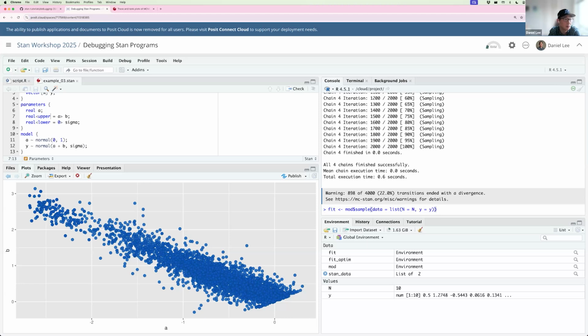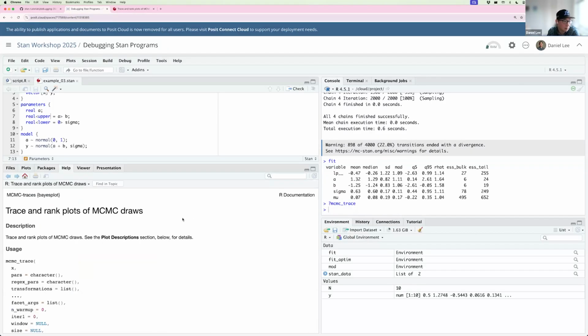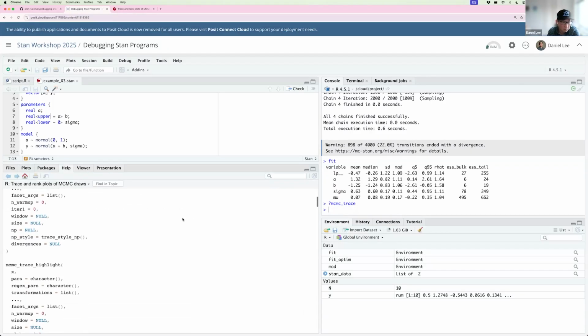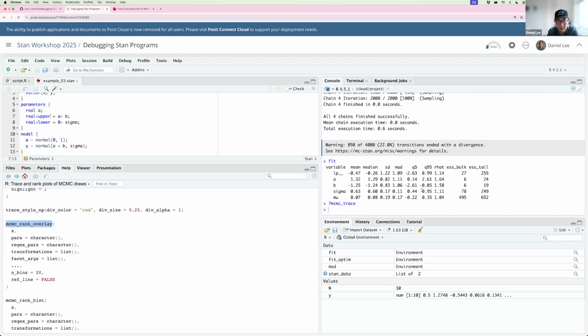And it's ending in a divergence right now. I didn't put enough. Check the rank. What does that mean? Check the rank. This one, a rank hist. Actually, I don't know what that does, so let's do it together.